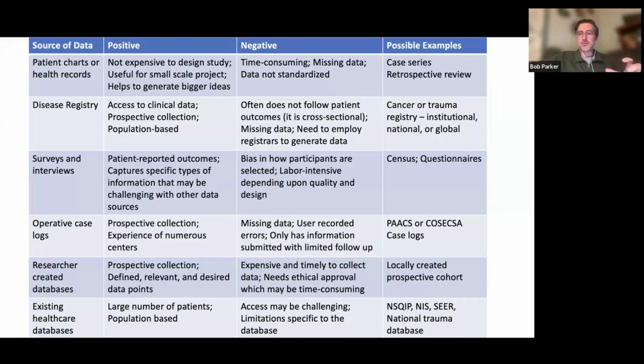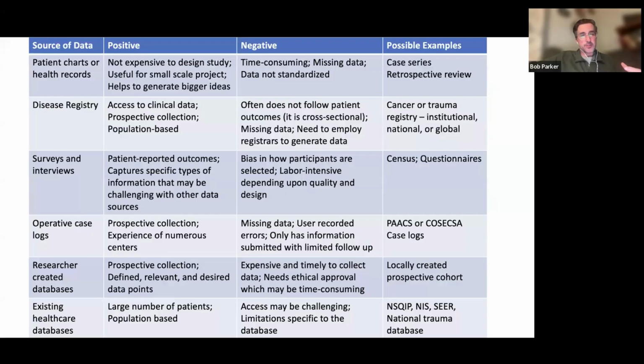Okay. So another limitation with study design is how do you find the data? And this is a big challenge, and one of the reasons why that map of where research is done, I think is such a challenge, because often the source of data to answer the questions that we have are limited.